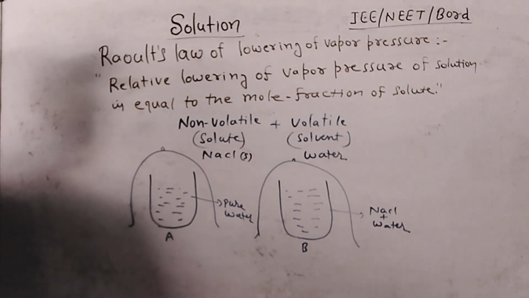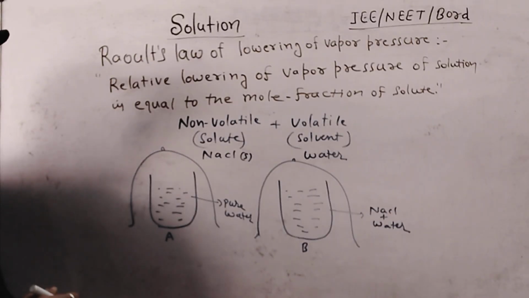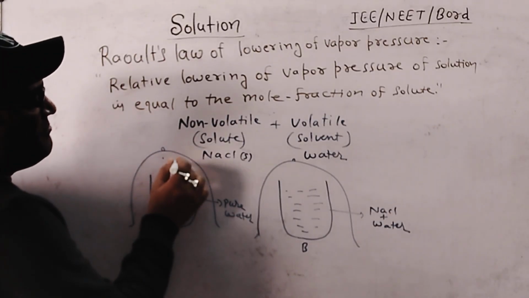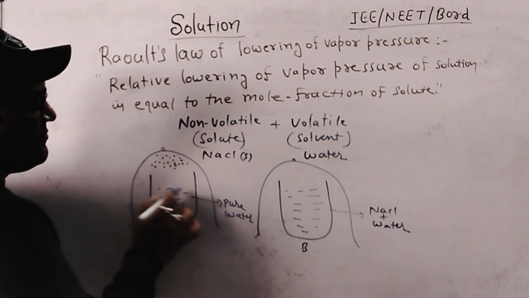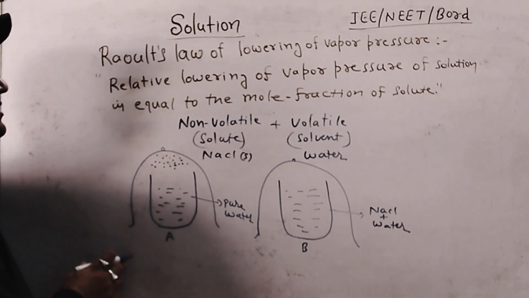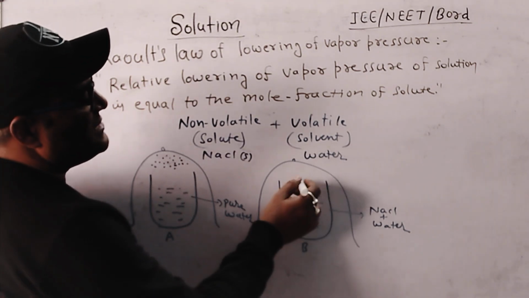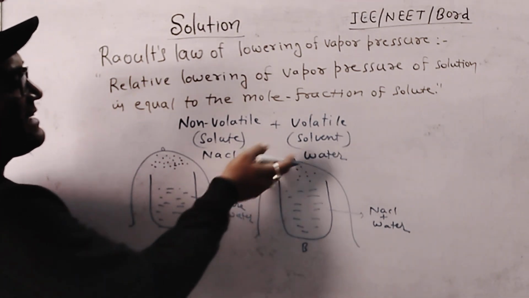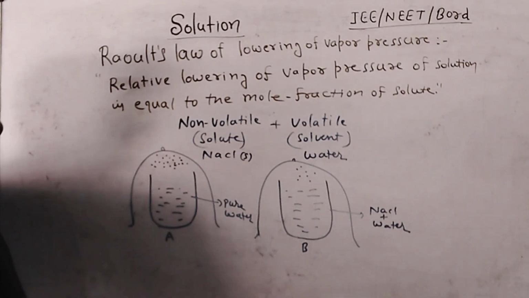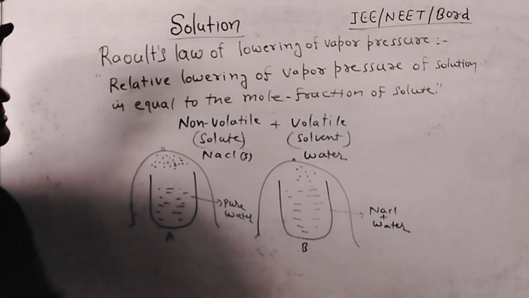At the same temperature, when both components are heated at the same time, we observe a large number of molecules vaporize from the surface of the pure water, while in the solution relatively fewer vapor molecules strike the top wall of the bell jar. The bell jar is made of glass.